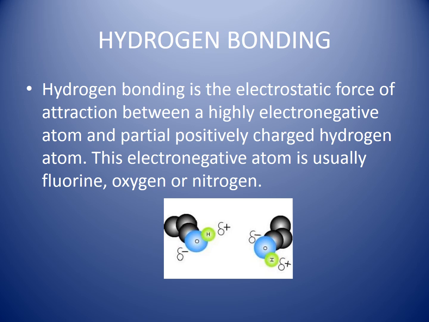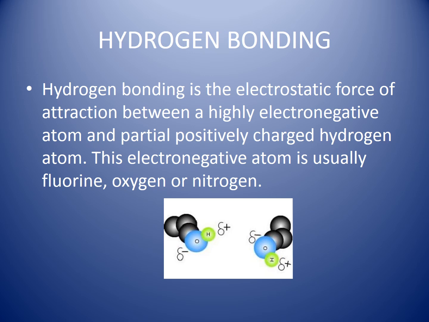Next is the hydrogen bonding. A very important force of attraction. Hydrogen bonding is the electrostatic force of attraction between a highly electronegative atom and partial positively charged hydrogen atom.